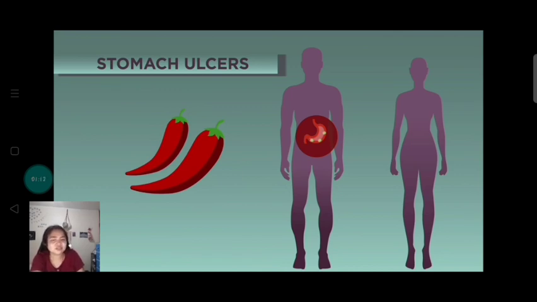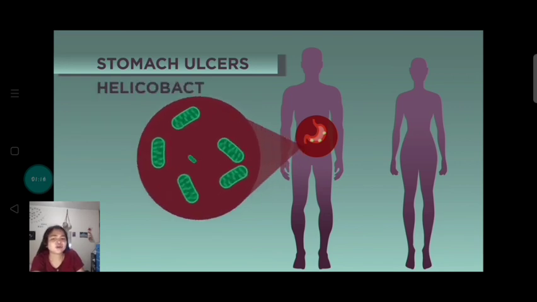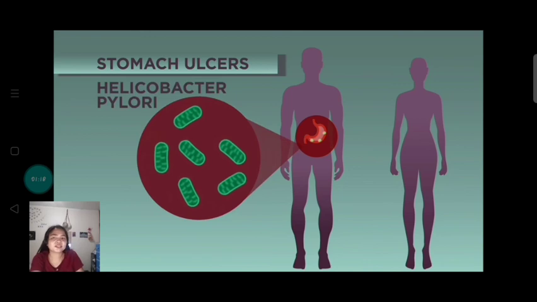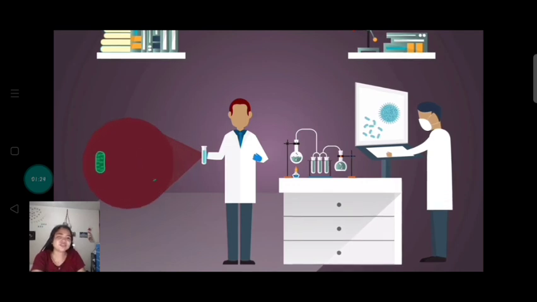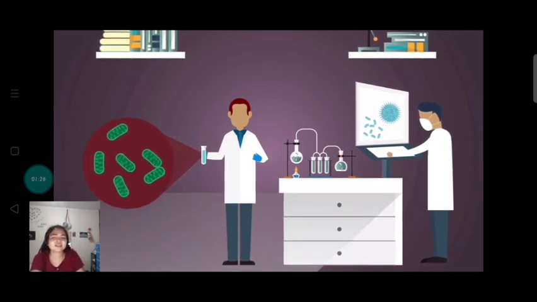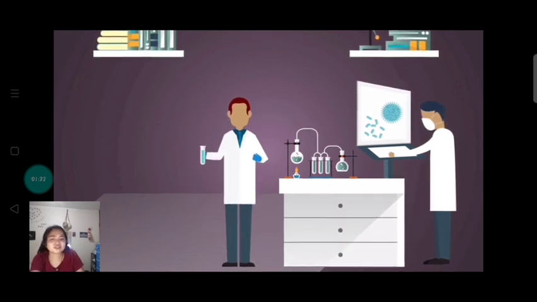But we now know that in fact they can be caused by an infection with Helicobacter pylori bacteria. The discovery was made in 2005 by two researchers to provide evidence. One of the scientists infected himself with the bacteria to prove that it was a cause of stomach ulcers.